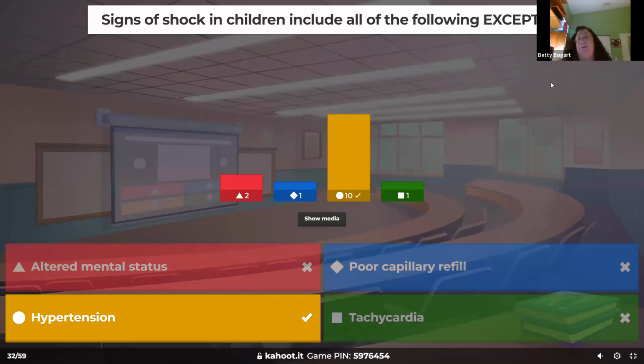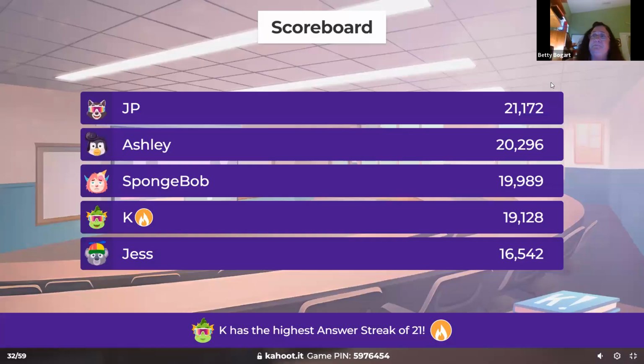This is good for Med-Surg 2, Med-Surg 1. This is good for peds. You're going to see elevated heart rate, decreased blood pressure, decreased perfusion, so prolonged capillary refill, altered mental status because of hypoxia, decreased urinary output, confusion, right? These are all the things you see in shock. Hypertension is not shock.